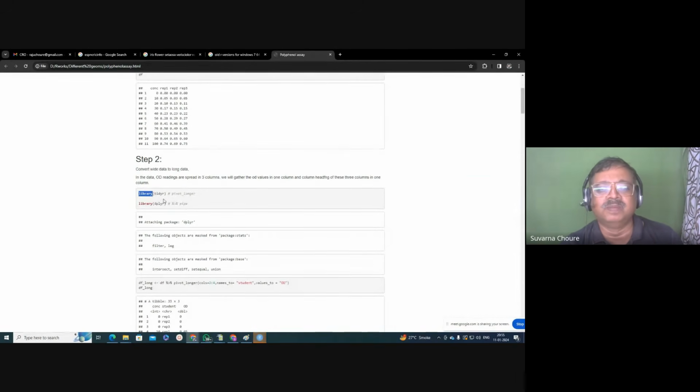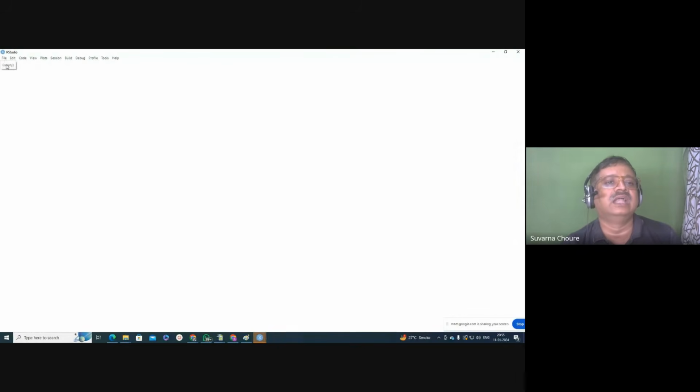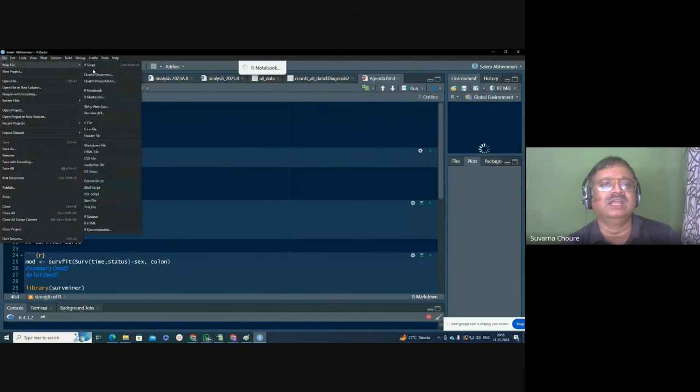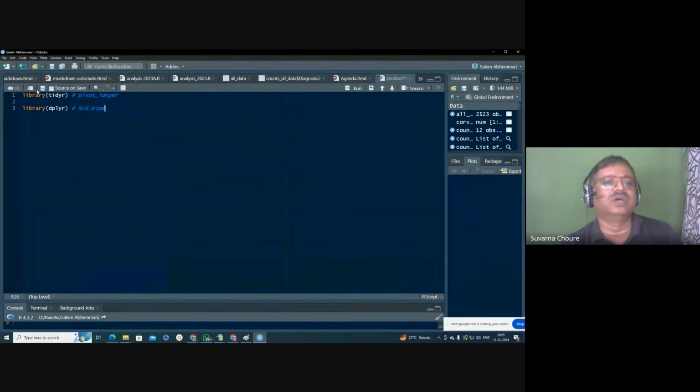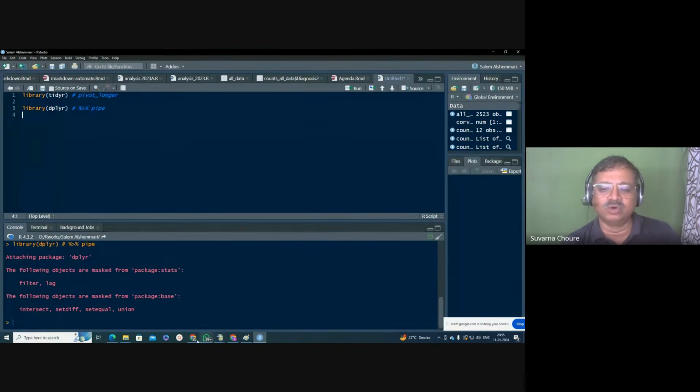That copy paste the code. I'm copying the code. I'm taking that code here, and that new file, R script, a new file will open. Here I will type the code and run the code. It will work. Type the code from the file, HTML file, it will work.